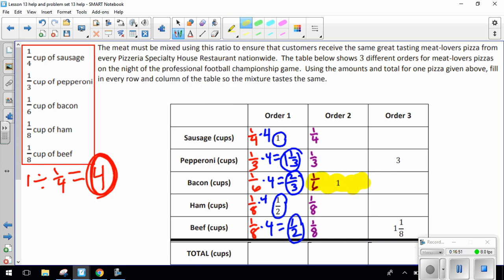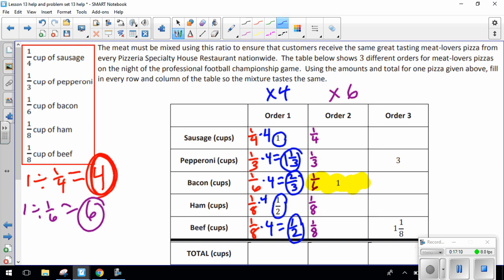So this has a solution of 1. So what I'm going to do is take my answer of 1 and divide it by 1/6. And hopefully you're getting an answer of 6. So this column is 6 times the amount of meat. The first column is 4 times the amount of meat.